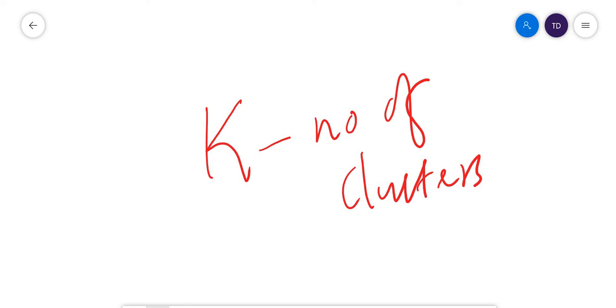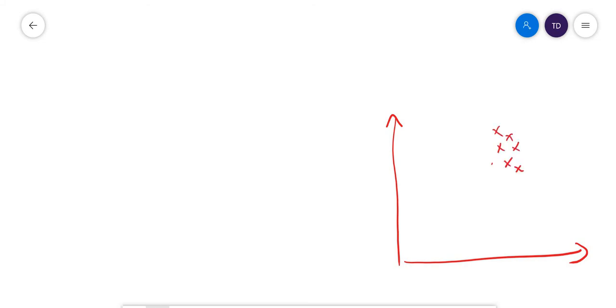So what are the different steps? Now I am talking about the different steps involved in this process. You have different data points. Here you have some set of data points, and here you have some other set of data points.